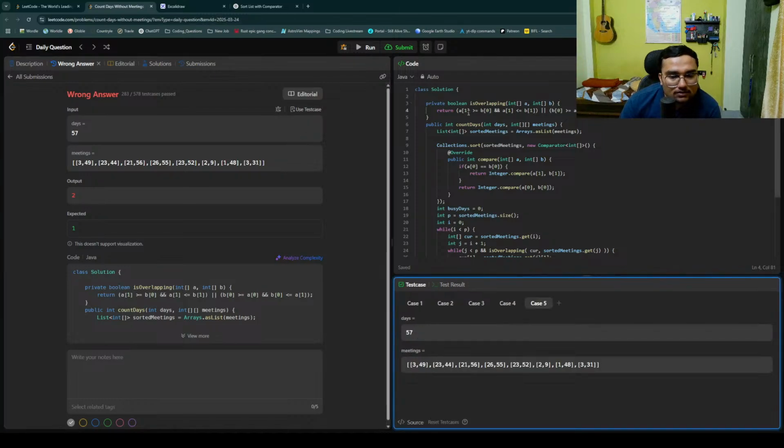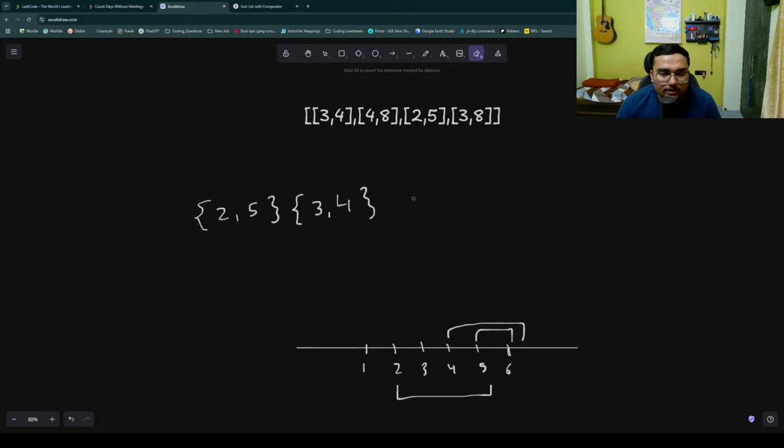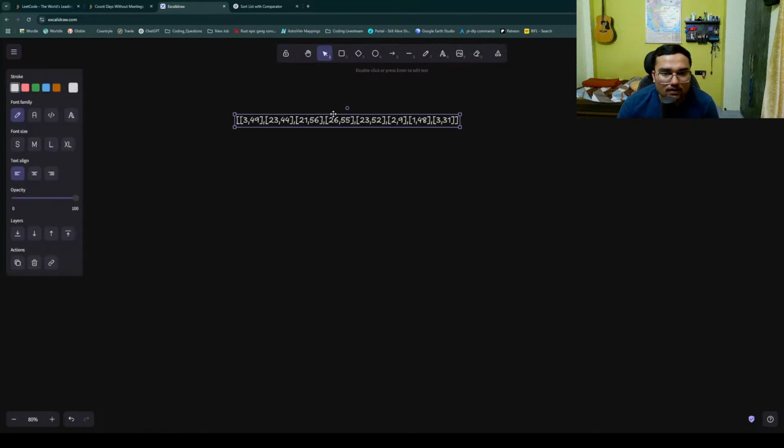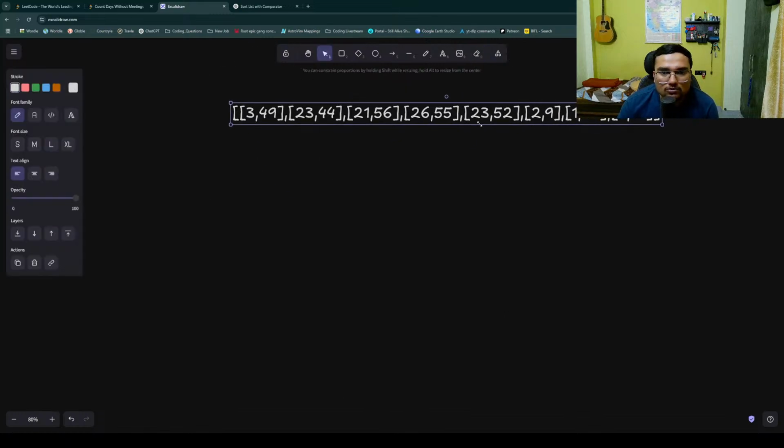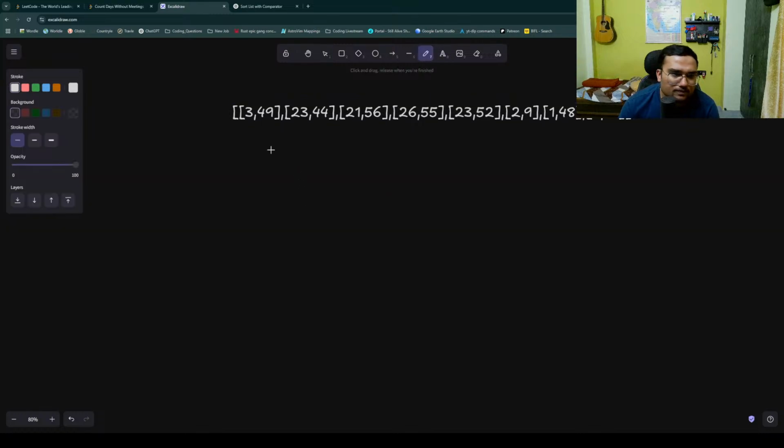I think okay, now this is a kind of problem. These are just edge cases that I need to dry run. Okay, sorting this would be 1 4 8 to 9.